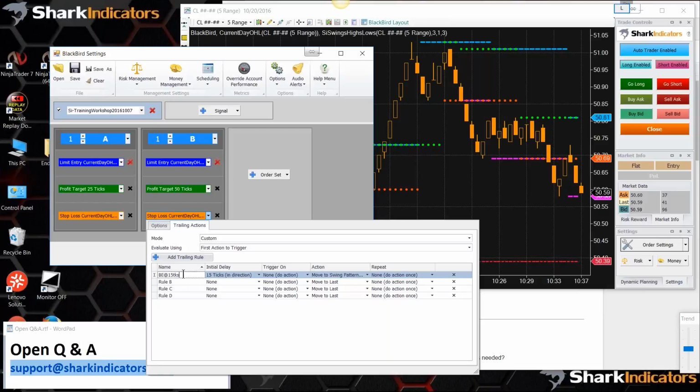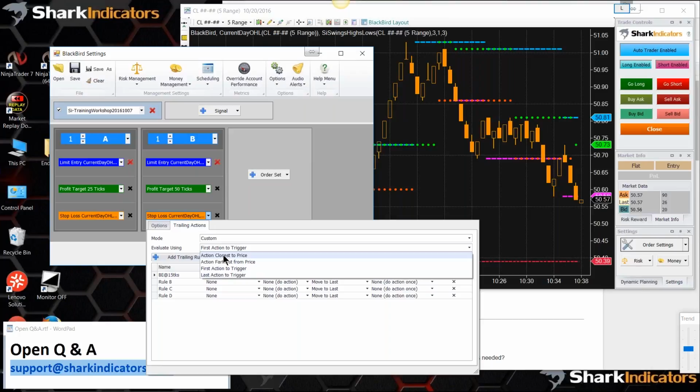But if our break even and rule C are trying to move our stop loss at the same time, then evaluate using says, well, the break even fired off first, so that has priority. Rule C just gets ignored, and our break even is given the priority, based on the first action to trigger. I hope that makes sense.